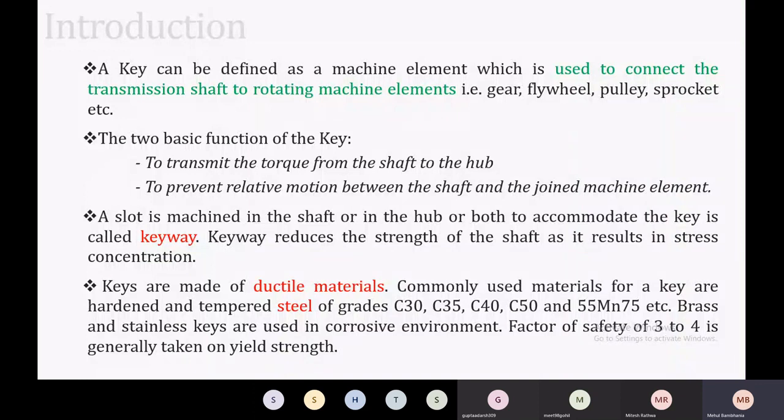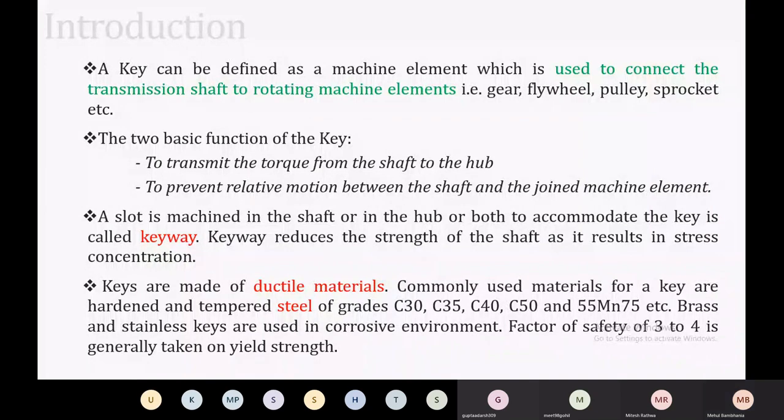Based on that application, the forces are acting on that key. So based on that we can decide the dimensions of that key, and that is called design, right? Generally the factor of safety provision for a key is in the range of 3 to 4. So that is the reference for design.